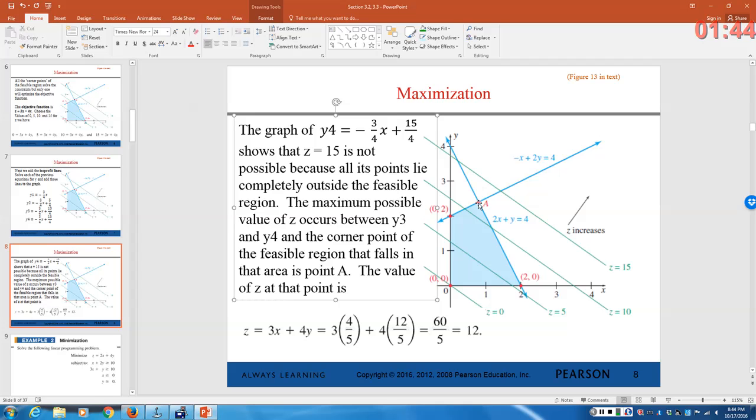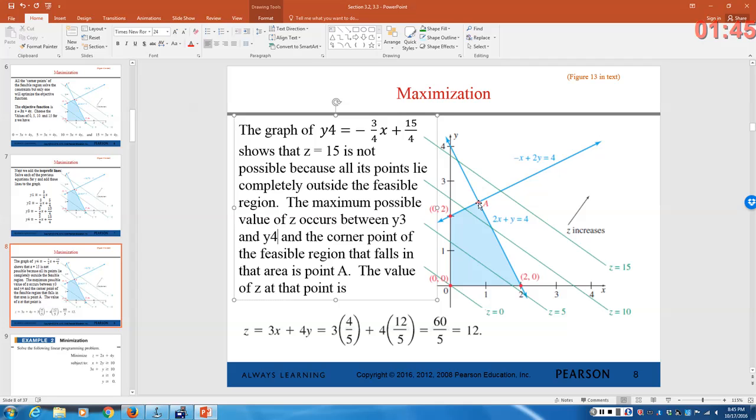Now, you don't always have to put in the isoprofit lines if you can start to realize, if you let values of Z increase, where does Z go? Are you trying to maximize or are you trying to minimize? So if we were trying to minimize this problem, it'd be here. But if we're maximizing, it's going to go right here.